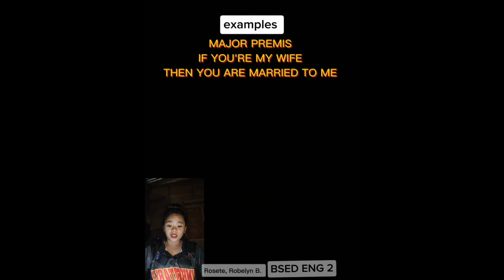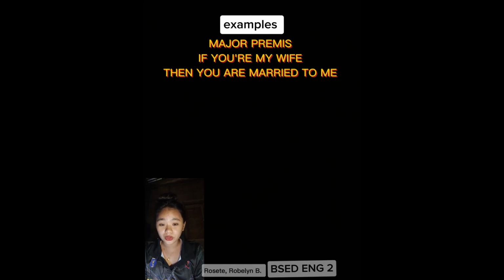So, paano siya i-convert? Ganito lang siya. Kasi sa posetting dapat true lahat, di ba? Kung valid yung sequence at true yung antecedent natin, dapat yung consequent natin is true din. So here, if you are my wife, then you are married to me.